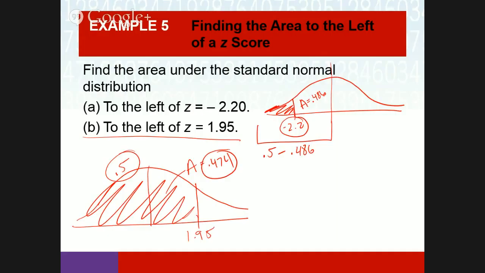So if I'm on this side of it, like I am over here, and I want to know the area to the left, I'm going to take 0.5 minus my corresponding A to the given Z. Here, if I'm to the right of it, I'm going to take 0.5 plus the area that corresponds to the given Z. But if I just change the word left to right, it's going to switch it. So instead of trying to memorize, if I go to left, I'm going to add, don't do that. Draw a picture and see what am I going to do. Is it 0.5 minus the area, or is it the area plus 0.5?